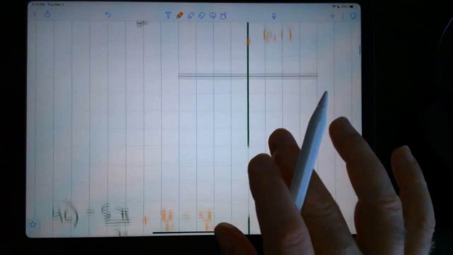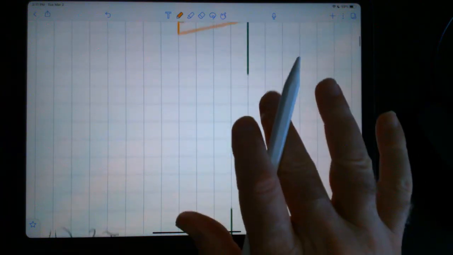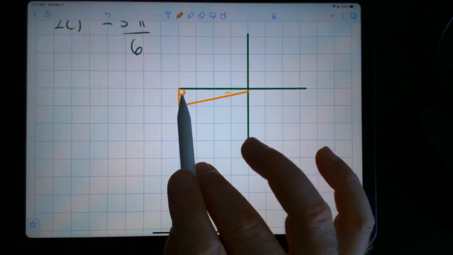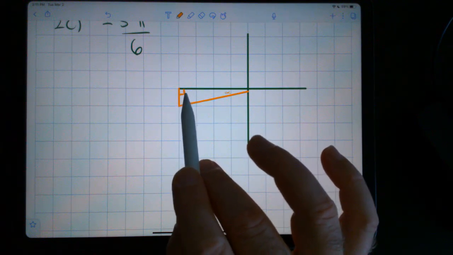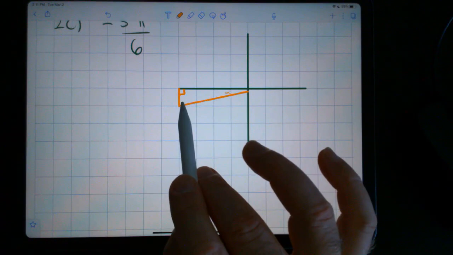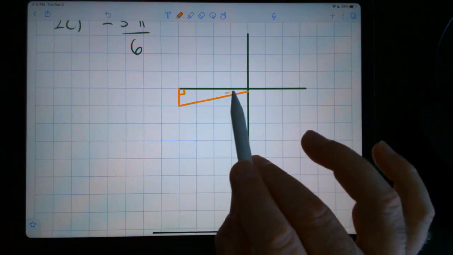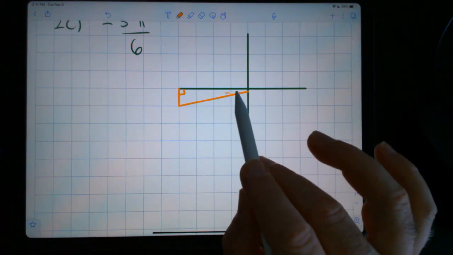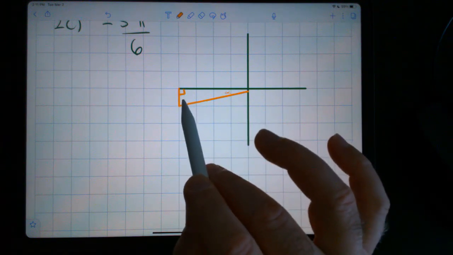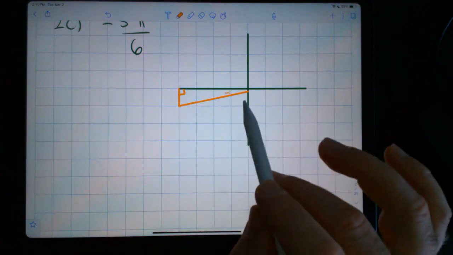45 degrees. So we're making right triangles. And if you have a right angle plus another angle of 45 degrees, then the third angle has to be 45 degrees. So if you have a right angle with a 45, it has to be a 45, 45, 90 triangle.